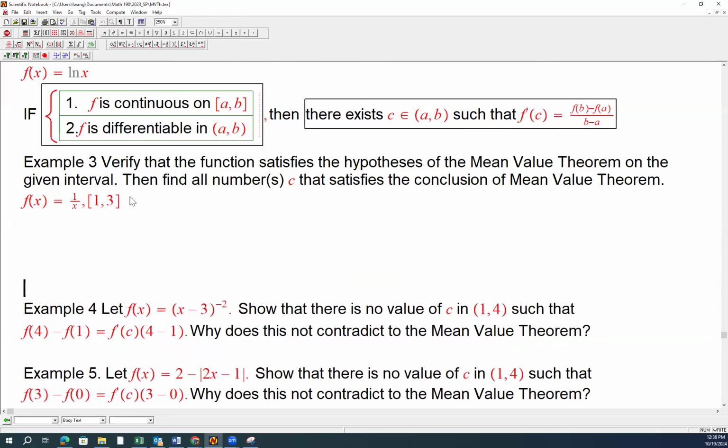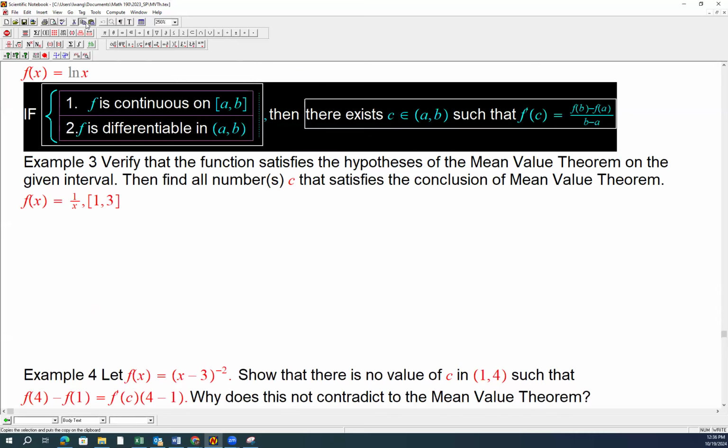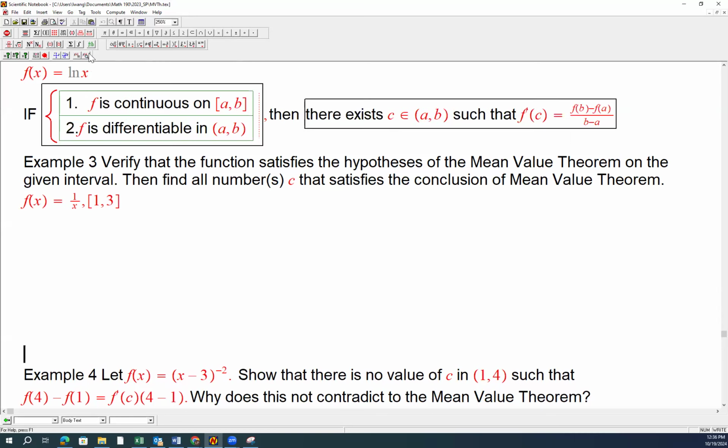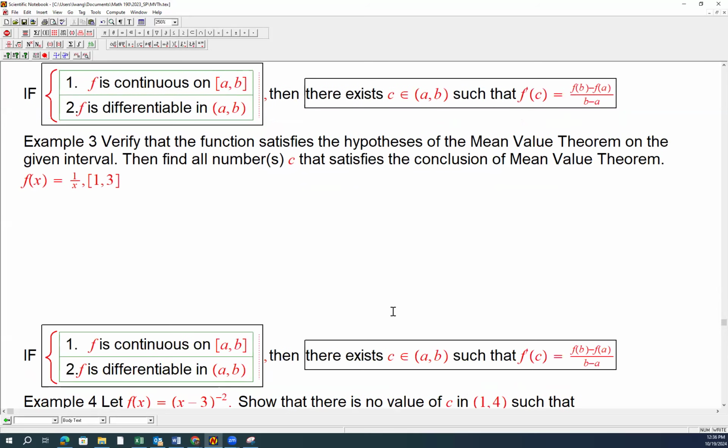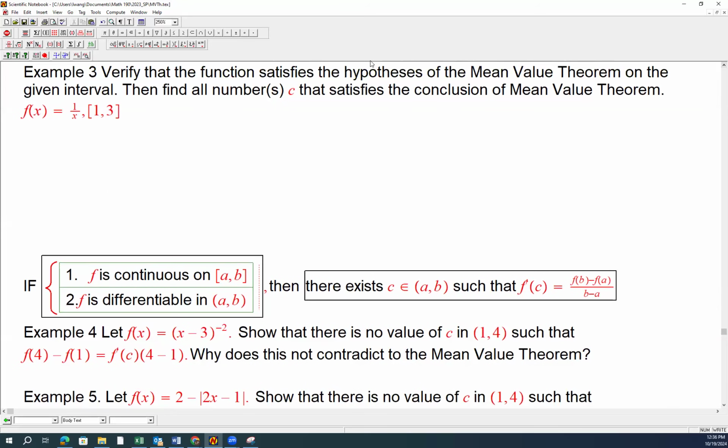Number 3 is a reciprocal function. Here we go. The same kind of work we're going to do.